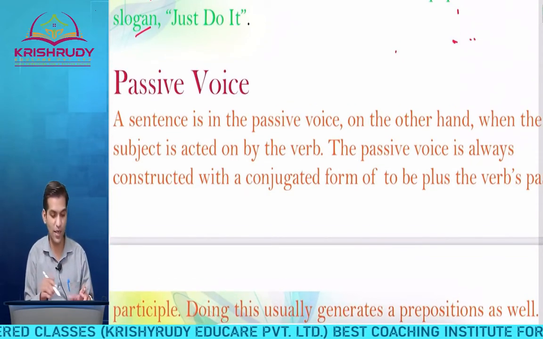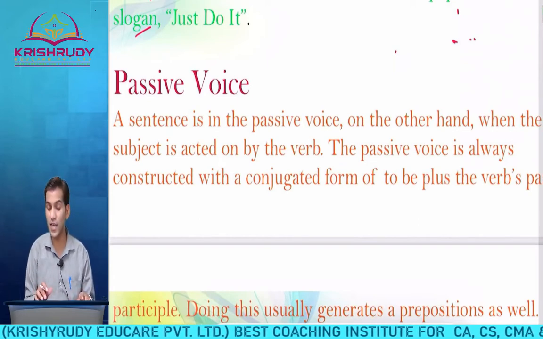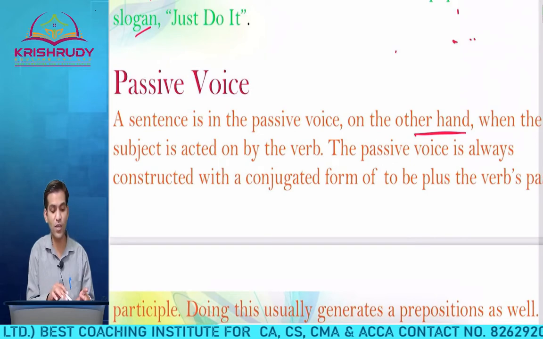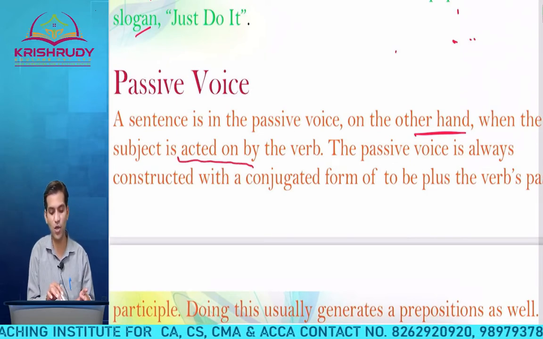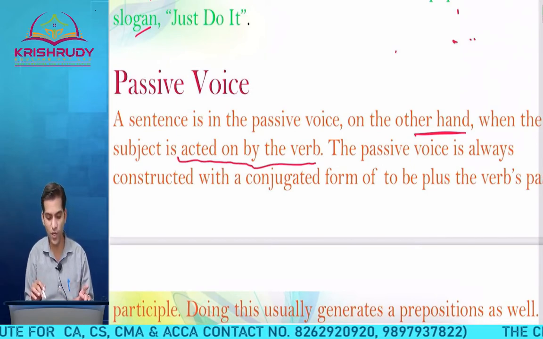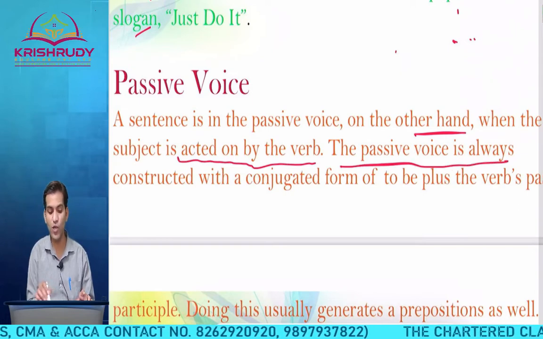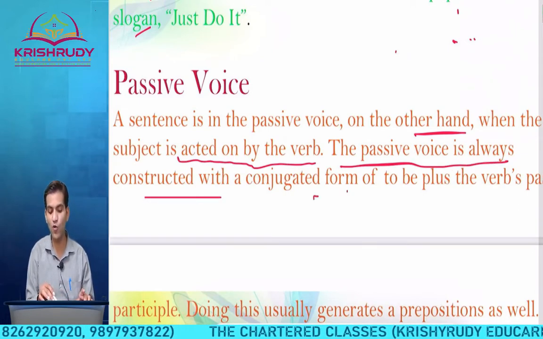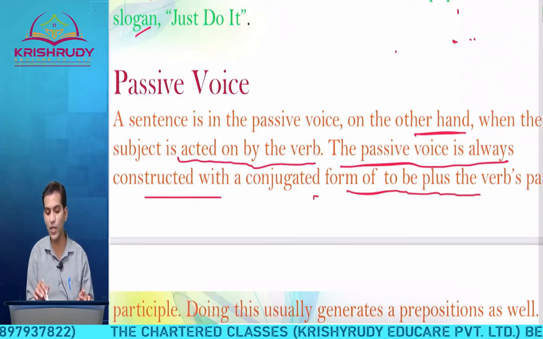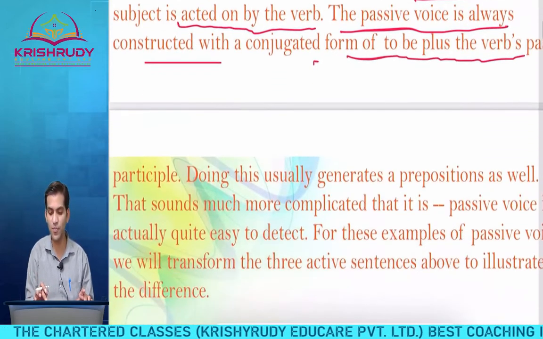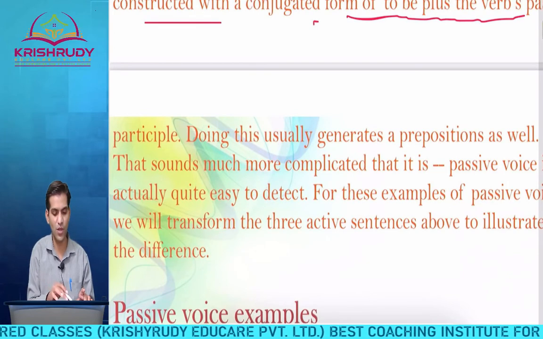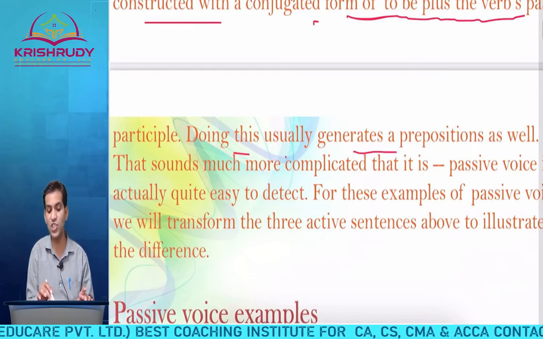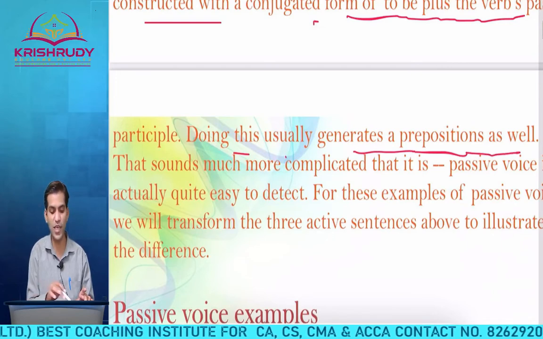Passive is something else. A sentence is in the passive voice when the subject is acted on by the verb. The passive voice is always constructed with a conjugated form of to be plus the verb's past participle. Doing this usually generates a preposition as well.